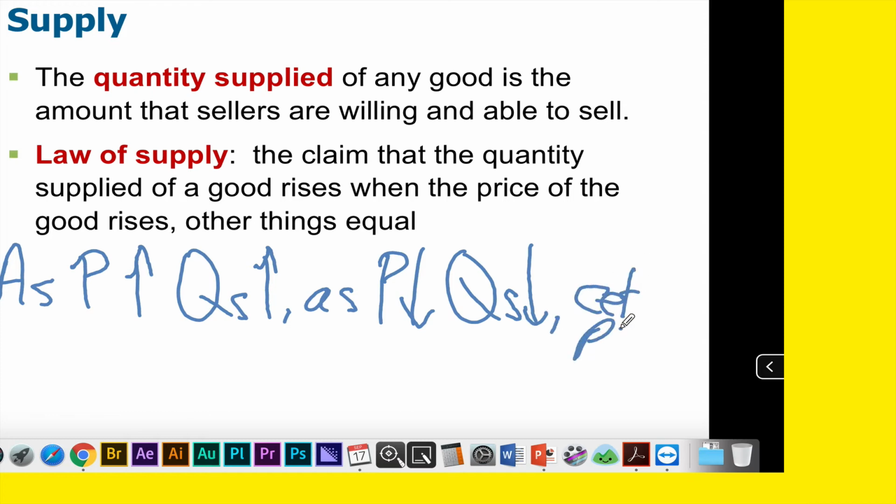Ceteris paribus. It is a direct relationship. Demand has an indirect relationship, an inverse relationship between price and quantity demanded. Supply has a direct relationship between price and quantity supplied.